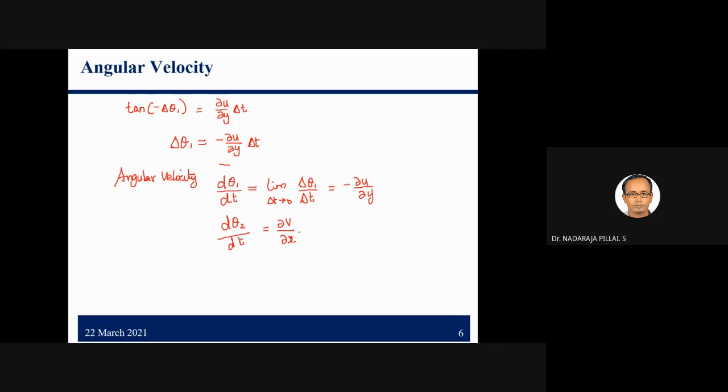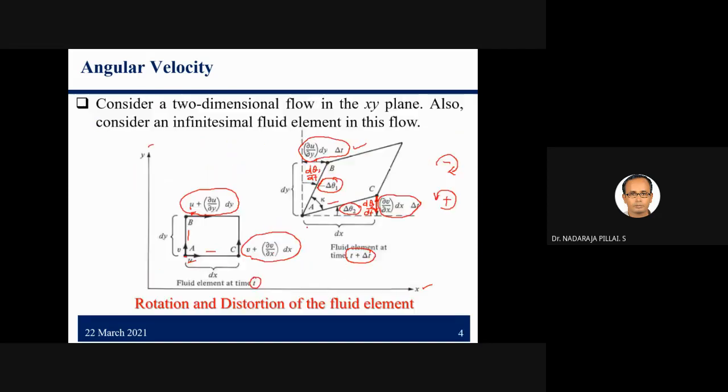So by definition, the angular velocity of a fluid element as seen in the xy plane is the average of the angular velocities at line AB and AC, right?